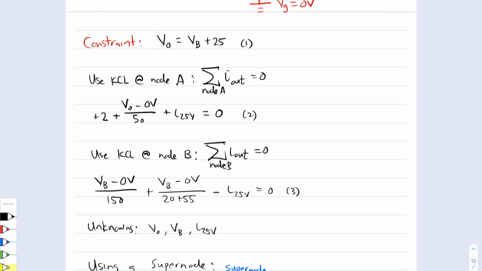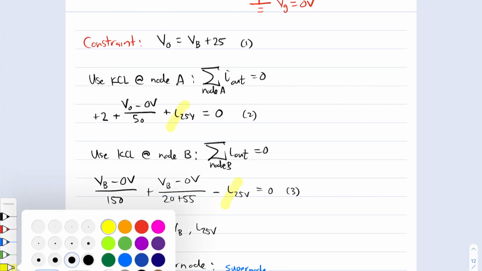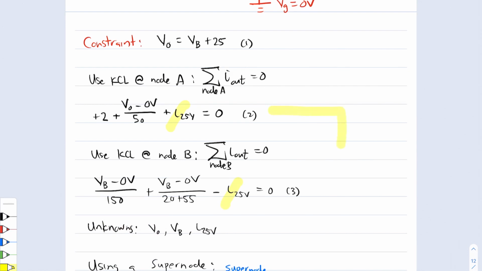Now, if we go back to the original equations that we had over here, notice that this one included a separate variable, this I of 25. Now, if I take equation 2 and I add it to equation 3, so I'm going to take these two equations and add them, and I'm going to do this off to the side.